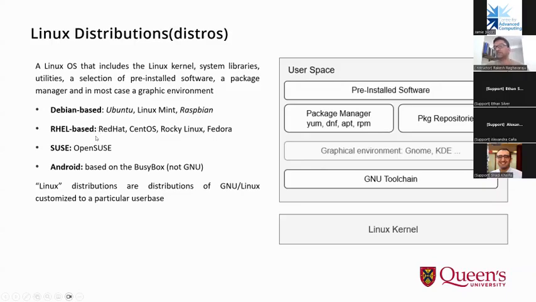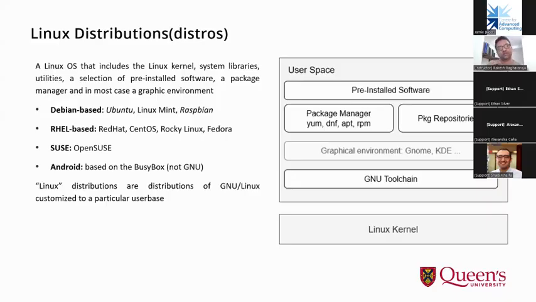CentOS and Red Hat are mostly enterprise-based, and Debian is mostly for home users. In fact, when I first started using Linux, Ubuntu is the system that I went to because of the nice graphical user interface and things like that.